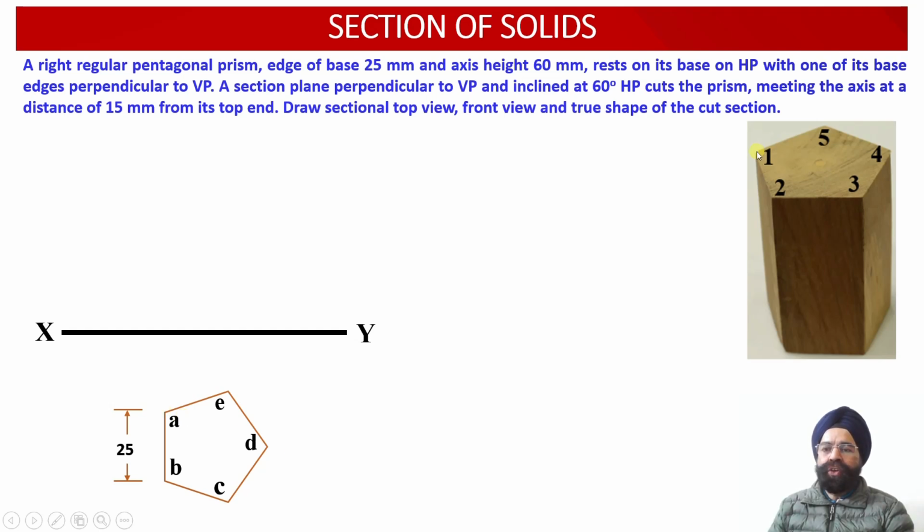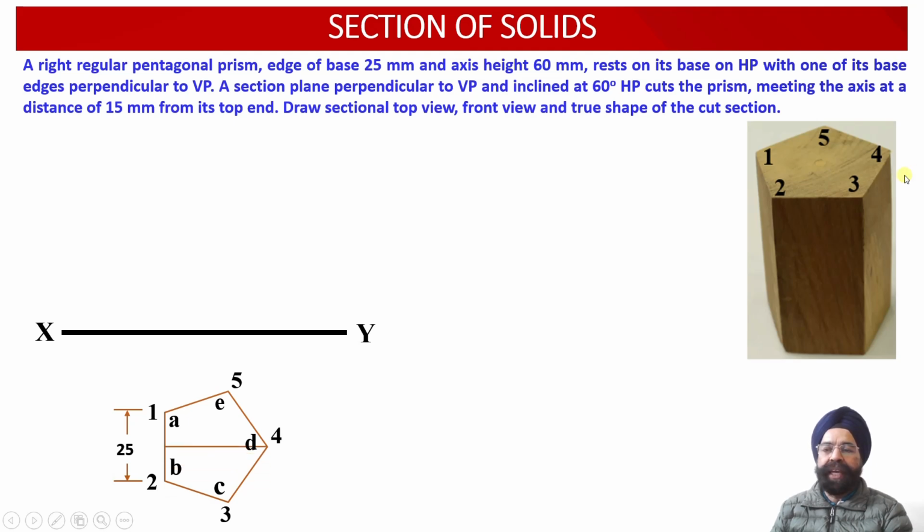The 5 points corresponding to the top face of the pentagonal prism are 1, 2, 3, 4 and 5, while the 5 points corresponding to the base of this pentagonal prism are A, B, C, D and E. We have plotted the 5 points of the base on the inner side of this pentagonal projection, while the 5 points corresponding to the top face have been marked outside these pentagonal projections which have been obtained on the horizontal plane.